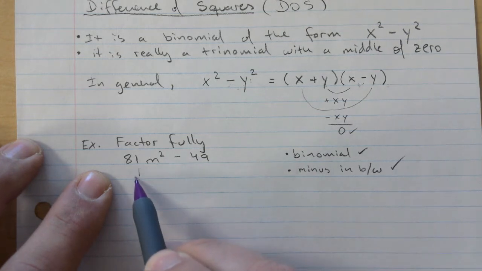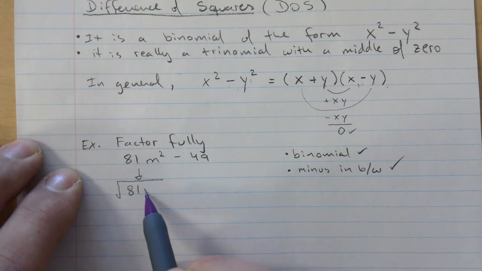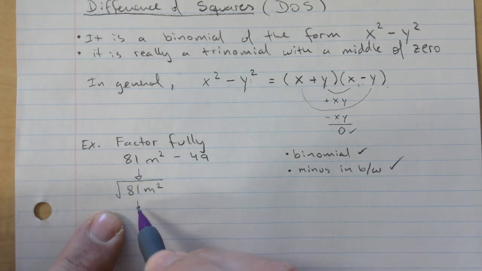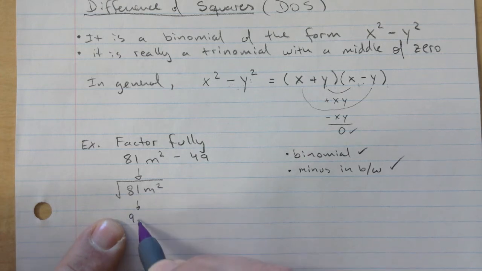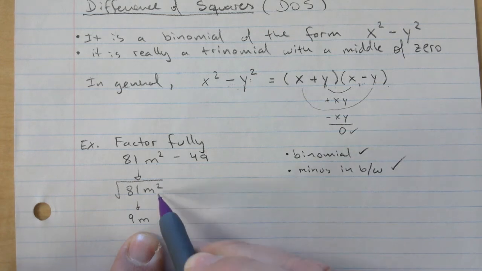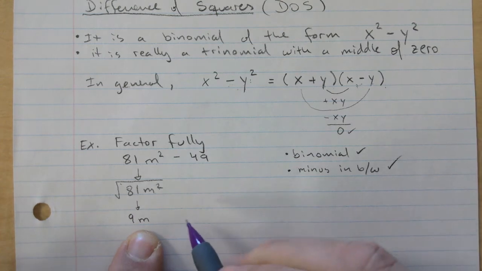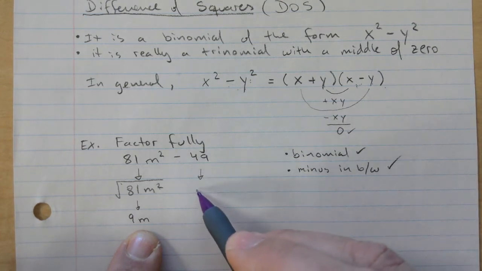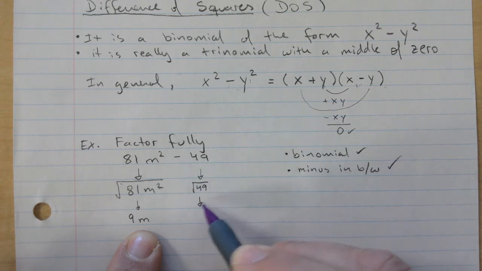So we check the square root of 81m squared. The square root of 81 is 9. The square root of m squared is just m, because remember, the power of 2 cancels out with the square root. And then you check for this one, not including the sign. The square root of 49 is going to give you 7.